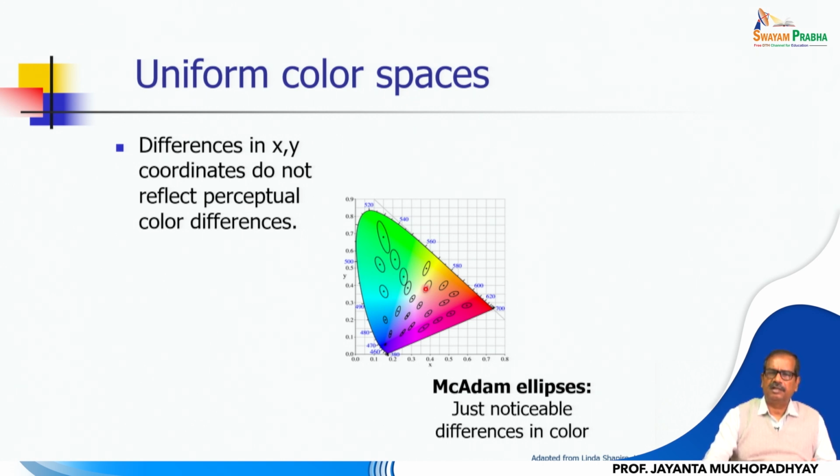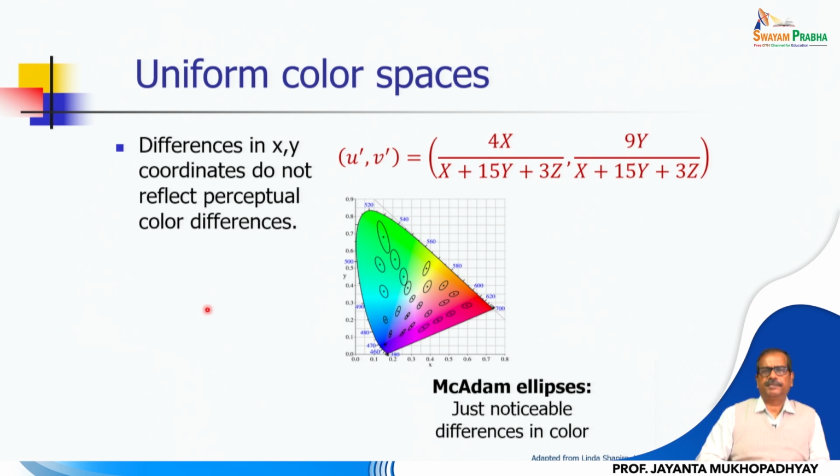That means if we use some distance measure, for example Euclidean distance, where circular shapes of the same size around every point would be preferred, to denote the distance between two colors, that is not very convenient, and there is no standardization. So there are certain color spaces where we try to make the size of these ellipses more or less equal, around one particular size.